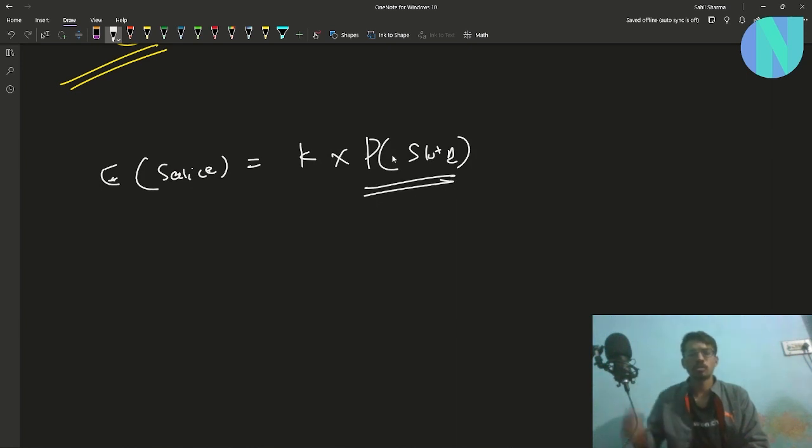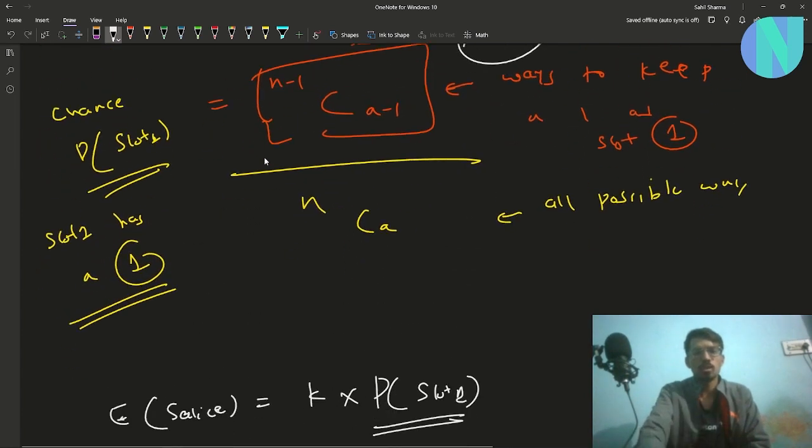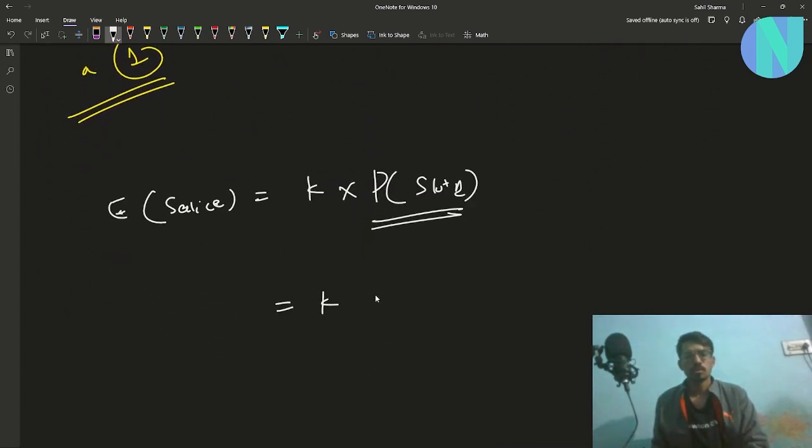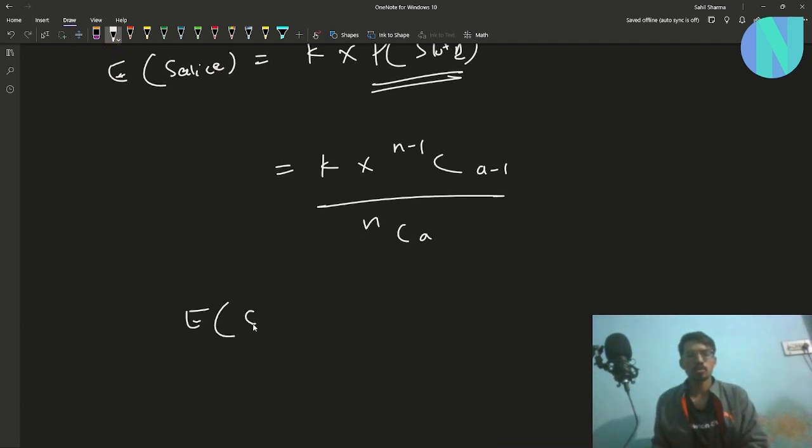Because all the slots are equivalent. And as we saw above, the probability that your slot 1 has a 1 is n minus 1 ca minus 1 over nca. And if you solve this, you will again get the same value. You will get that your score of Alice is nothing but a into k over n.